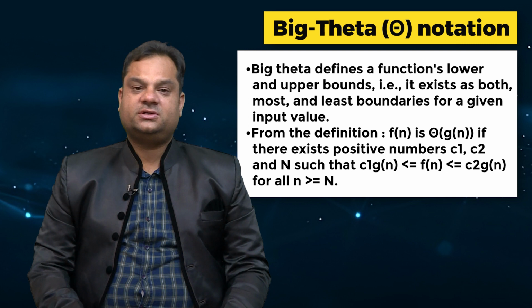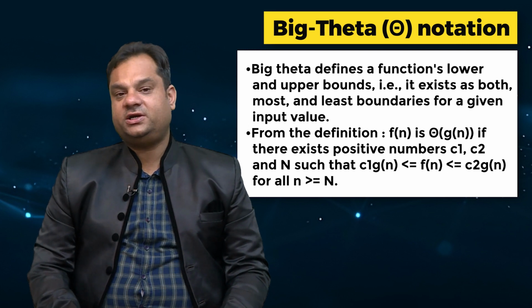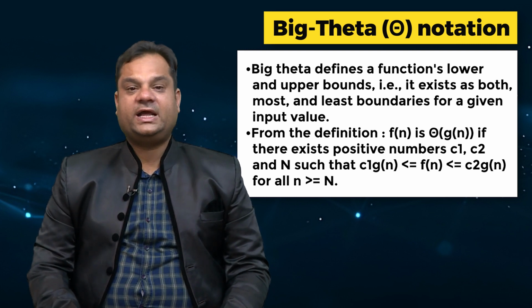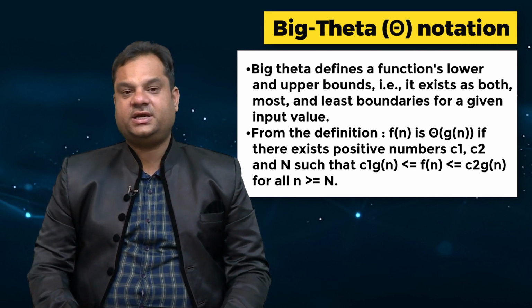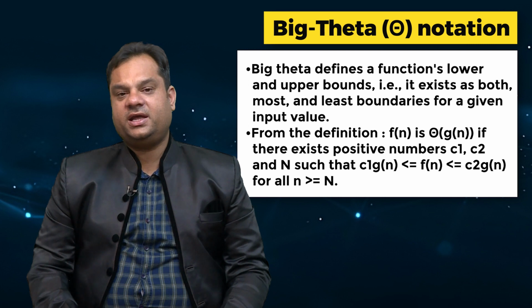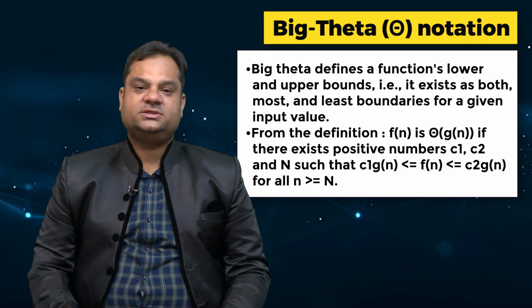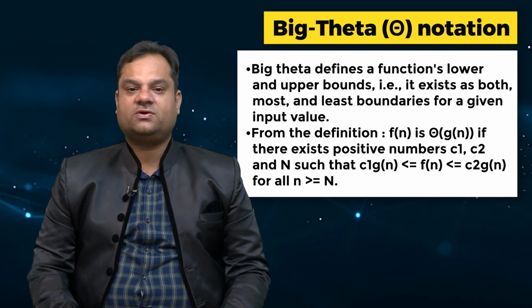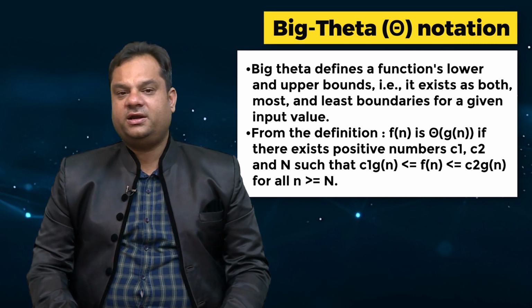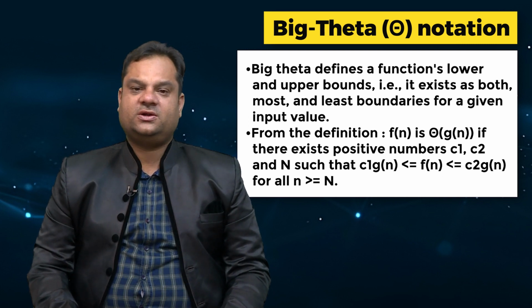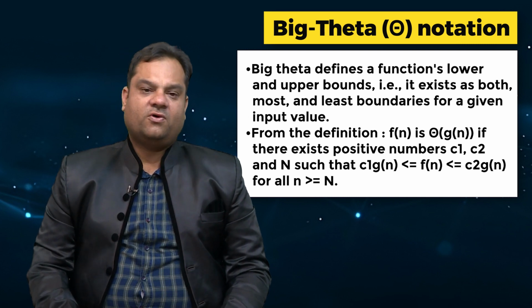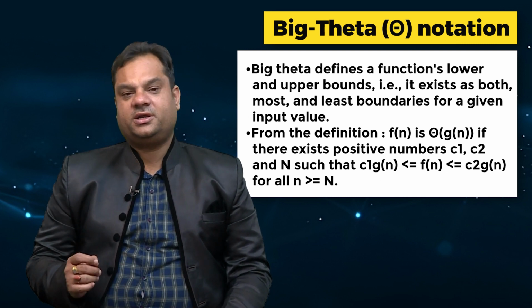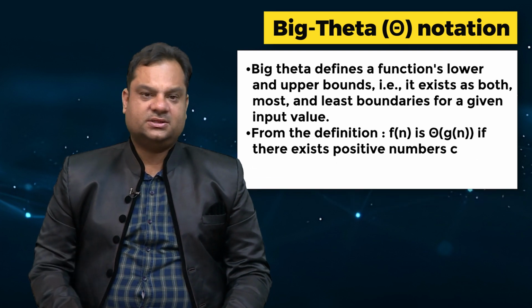From the definition, f of n is theta of g of n if there exist positive constant values like c1 and c2 and N such that c1 times g of n is less than or equal to f of n, and f of n is less than or equal to c2 times g of n, for all n greater than or equal to a capital N.